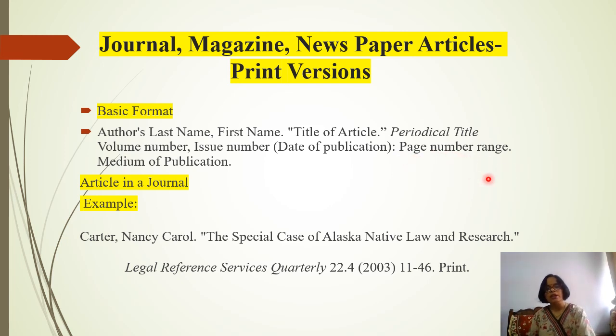Same is going to be there, only the medium for publication is going to be changed. So article in a journal, now you see, Carter Nancy Carroll, article's name, then periodical title, Legal Reference Services Quarterly, 22.4, 11 to 46, print.